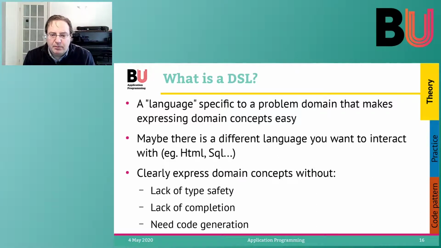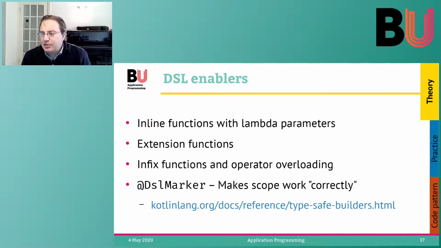So before we look at the elements of domain-specific languages that make it work, let's have a look at these enablers. So what are the parts of Kotlin that make that work? Particularly what makes it work is the inline functions with lambda parameters, extension functions, infix functions and operator overloading, and there's something called a DSL marker.